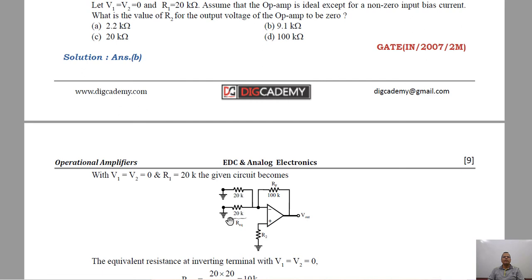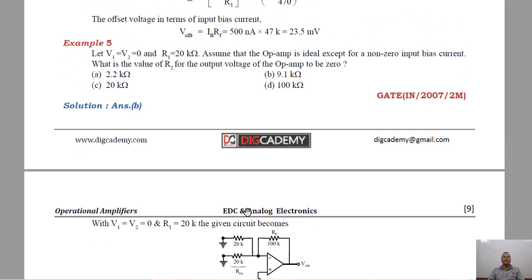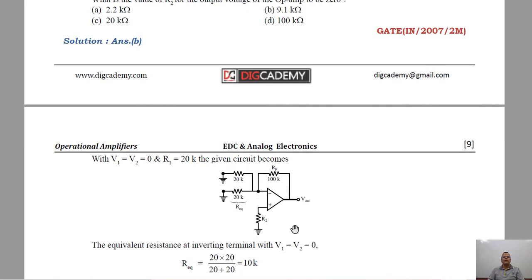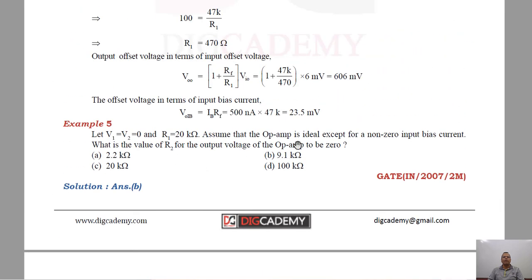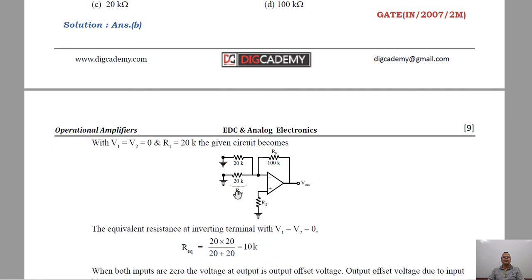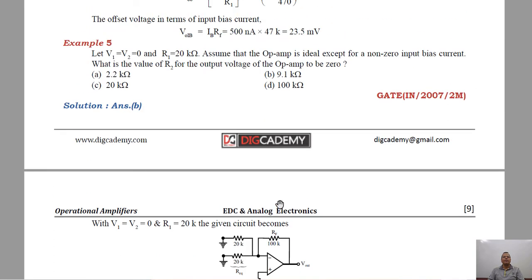V1 is 0, V2 is 0, and RF is given to you. Although there should have been the circuit here, we are not given it, but I am introducing that circuit in the question itself. So R1 is 20K.